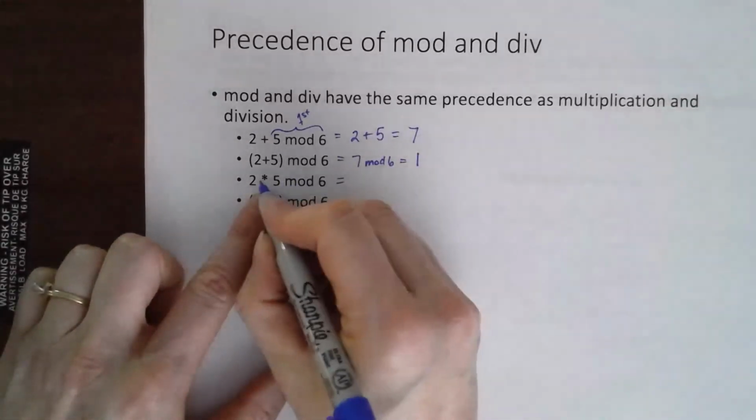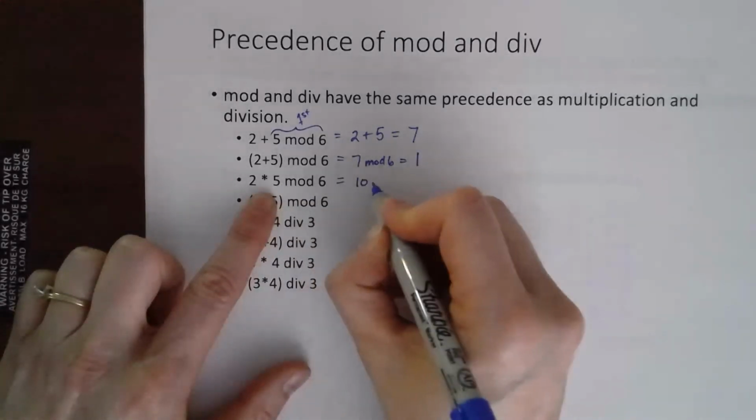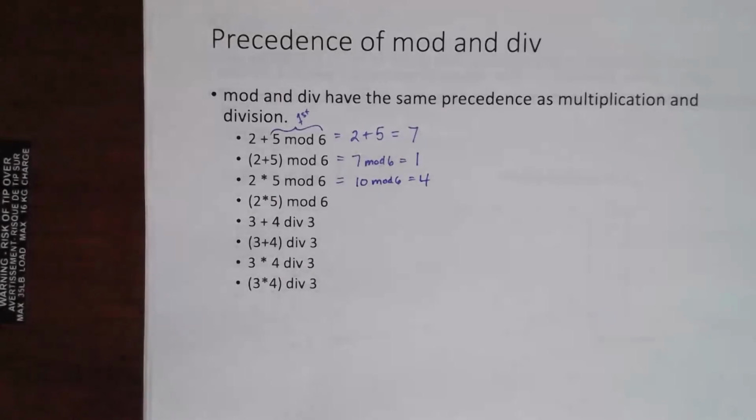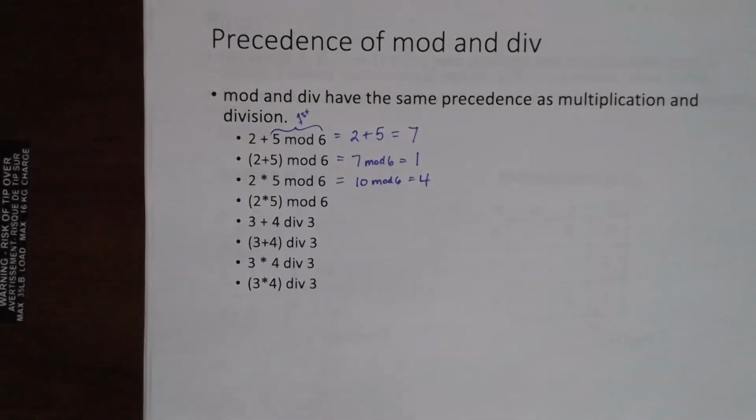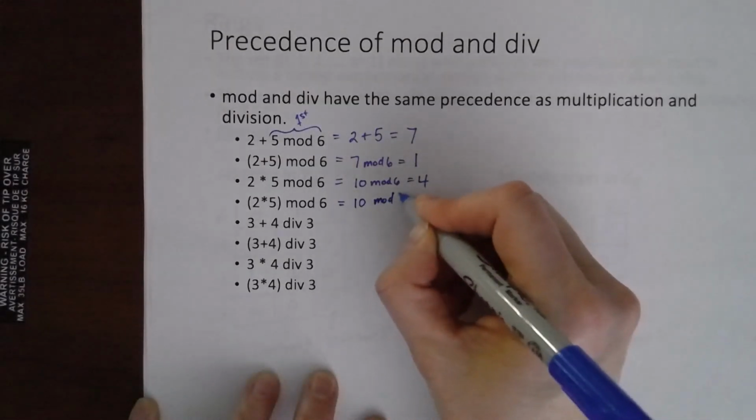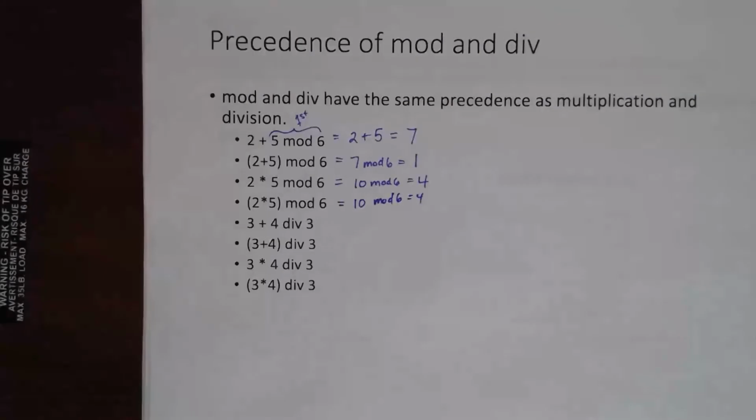So the multiplication will happen first. This will become 10 mod 6, which is 4. Really it's exactly the same as if I would have put parentheses there. If I want the mod to happen first, I would have to put the parentheses around the 5 mod 6.